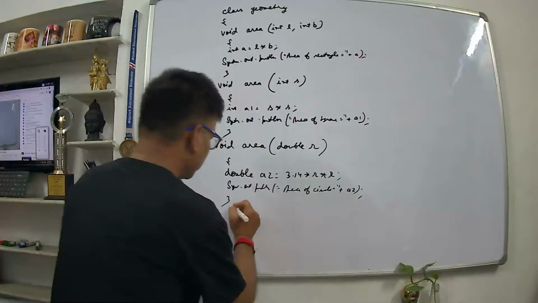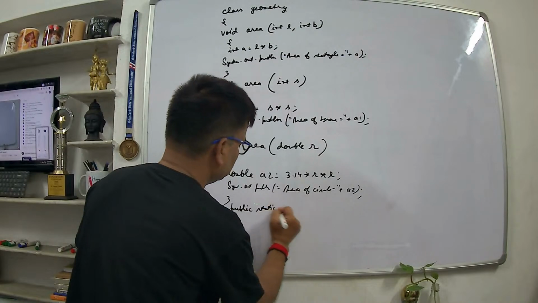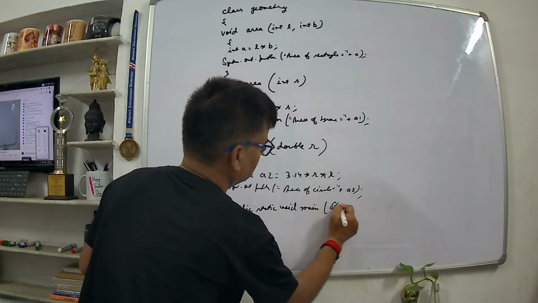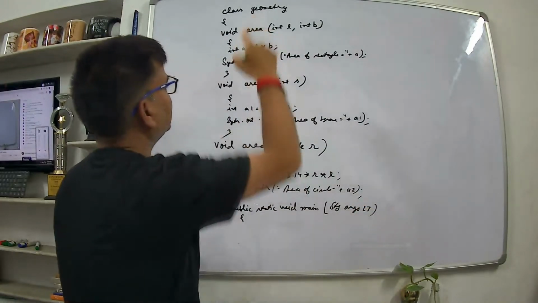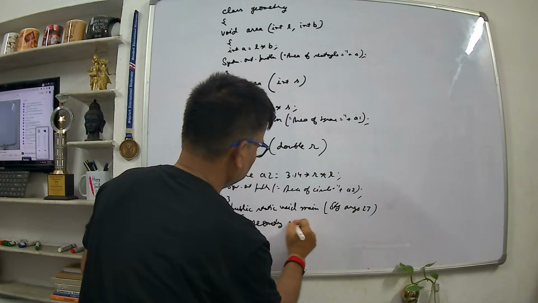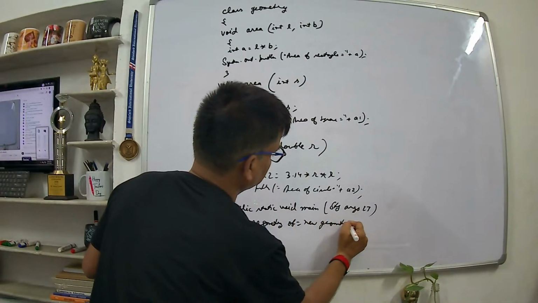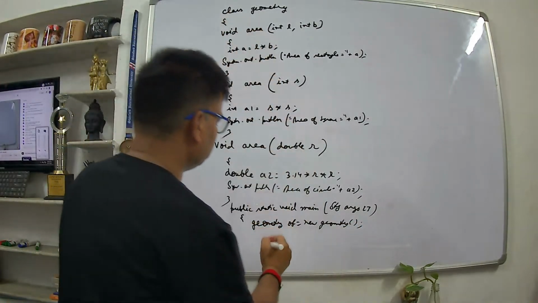Now what I'll do, I'll create the main function, public static void main. I'll create the object of the class geometry, OB equal to new geometry. I created the object of the class, and one by one I'll call all the functions.